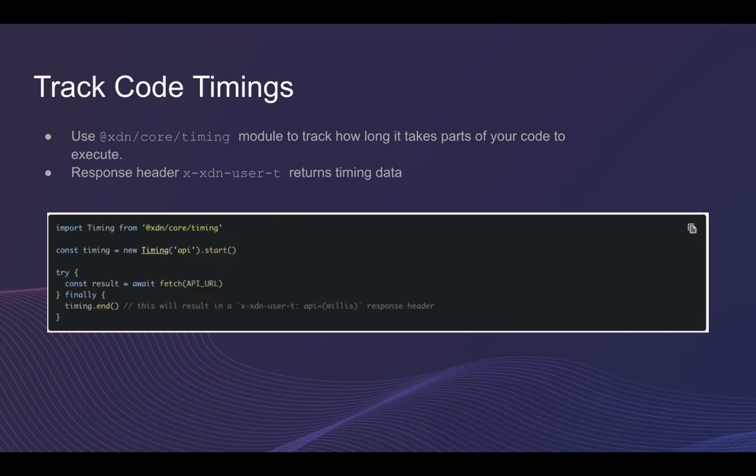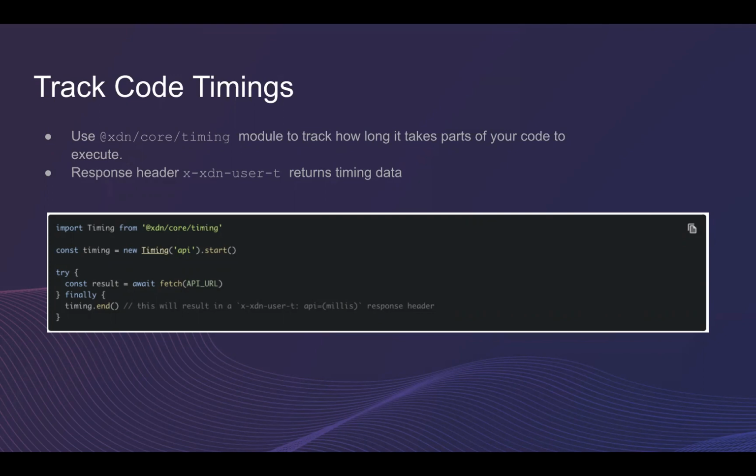And then if you choose to add that to the API or your application, the data will be returned as part of the XDN user T response headers in the calls that you make. The code snippet that you see there is how you would use it. You need to import timing from the package and then associate that up to when your API function is being started and finished, and then you should get that result in the response headers.